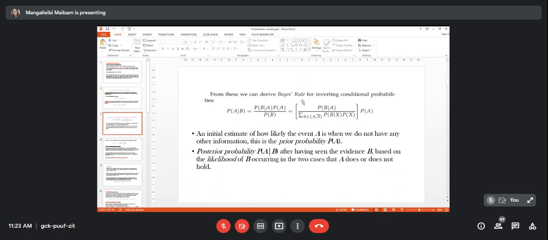Next, Bayes rule. Bayes rule is what we are going to use in all our computations in this probabilistic retrieval of information.